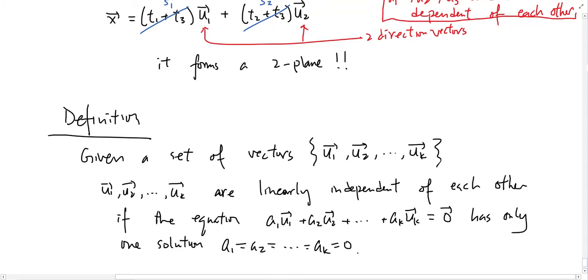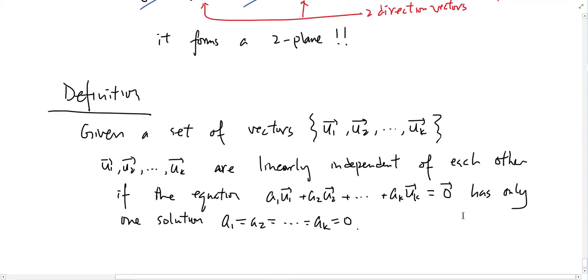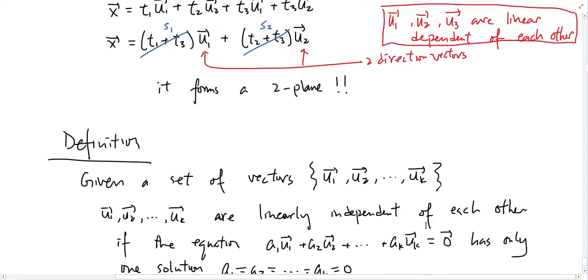If I set up this equation to solve, and I find out the only answer I can get is 0 for all the coefficients, then it is linearly independent. Now look at that definition.